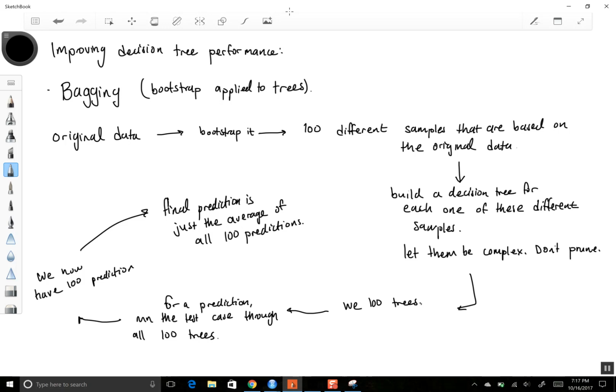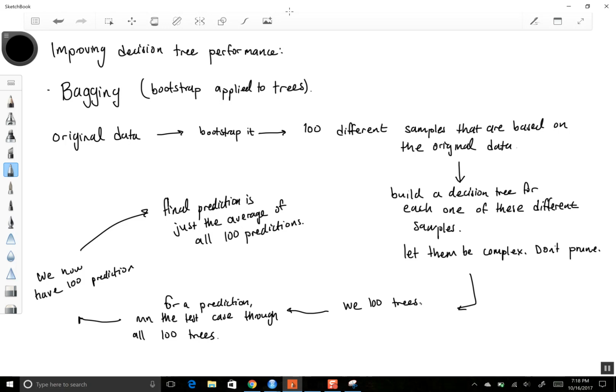But when you do your test case, you say, okay, I fed the test case into tree 1, and we followed this path, and it said we're predicting this. And then we put the same test case into tree 2. It had totally different questions and a different path, and it said the prediction here is something else.